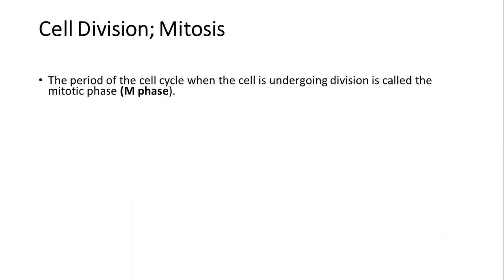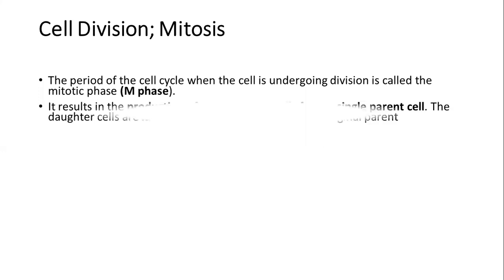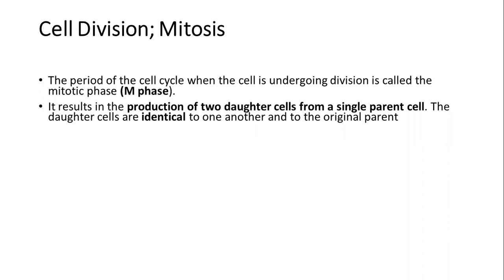This is a phase during which the cell undergoes division, called the M phase for short. It results in the production of two daughter cells from a single parental cell, and these daughter cells are identical to one another and to the original parent which produced them.